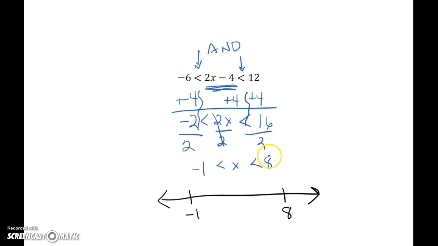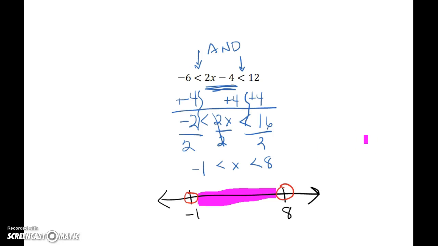If the inequality signs are pointing towards the left, then you just graph it the way it looks here. So at negative 1, we're going to have an open circle. At 8, we're going to have an open circle. And then we're going to color in between. It's as simple as that.